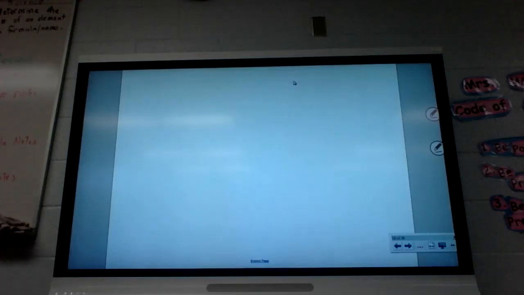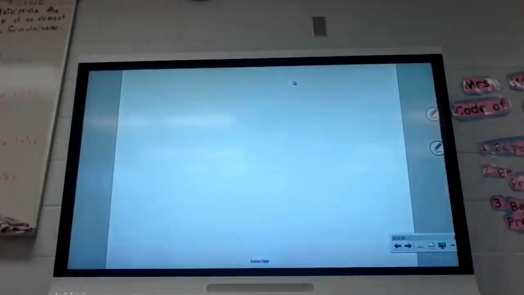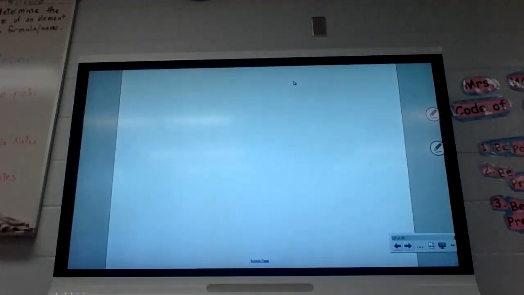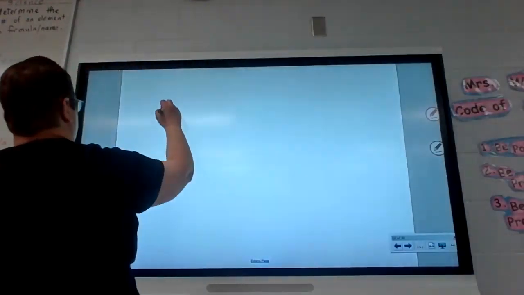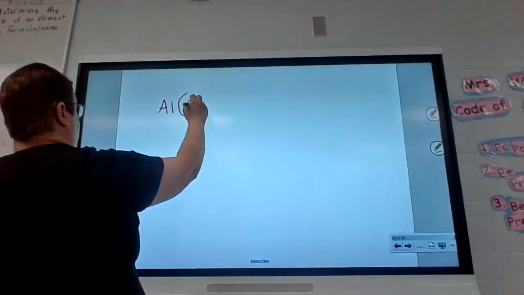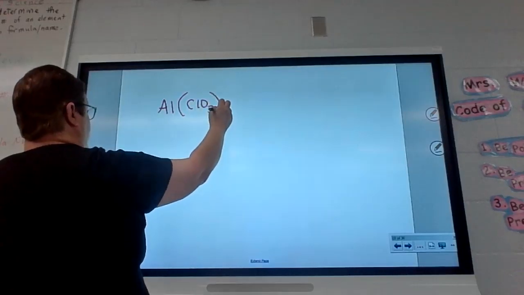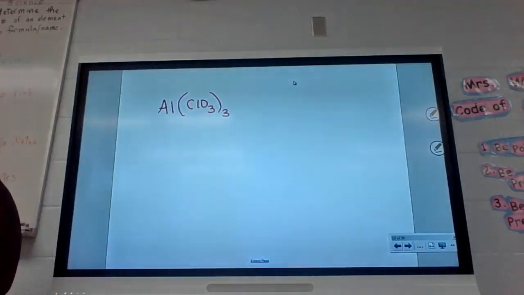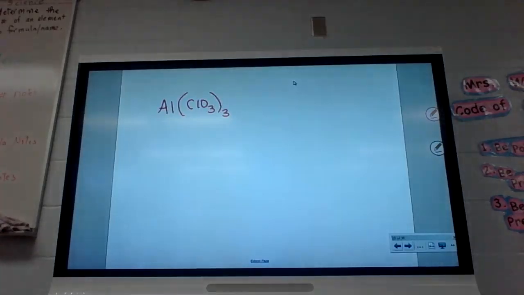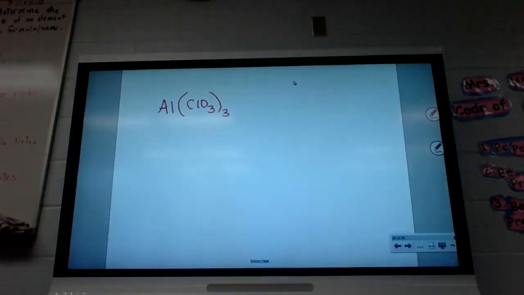So let's say I need a reference table so I don't pick ions that are not on it. All right, let's say we have this. Now, if they have parentheses, that should be an obvious sign they have 3 elements.